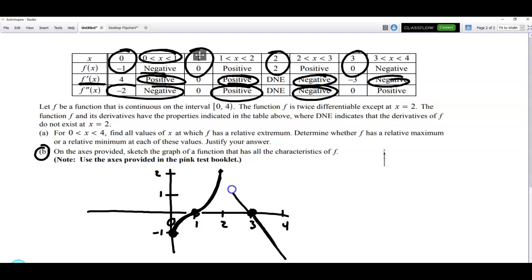So this little interval here needs to be concave down. Now notice the sharp turn here, and that makes sense because the first and second derivative don't exist at 2, so we have a cusp. Finally, between 3 and 4, we have a negative slope. I'm sorry, not a negative slope. We have a positive second derivative, which means that we're doing concave up.